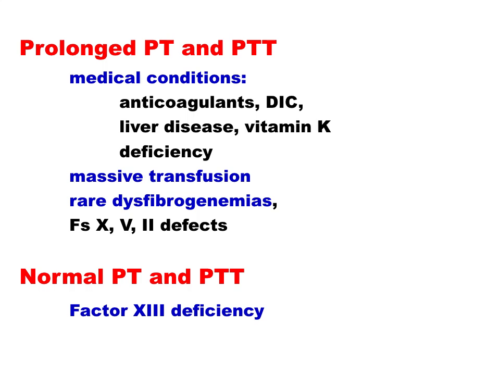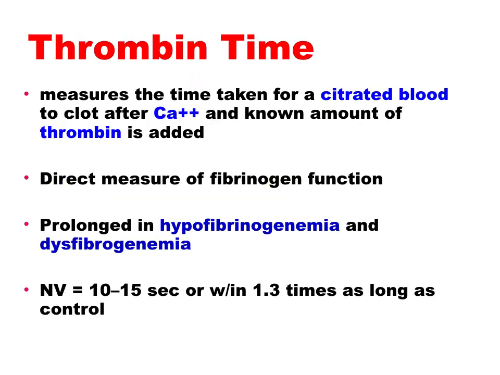Massive transfusion can also give this picture, as well as certain rare dysfibrinogenemias. There are also certain cases wherein PT and PTT are normal, like for example in factor 13 deficiency, which doesn't affect the level of PT and PTT.